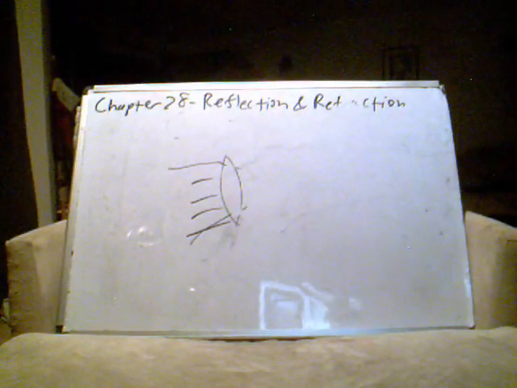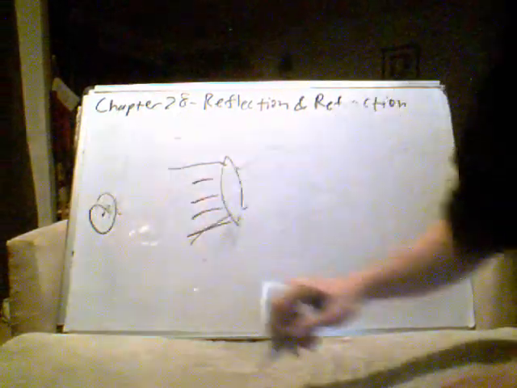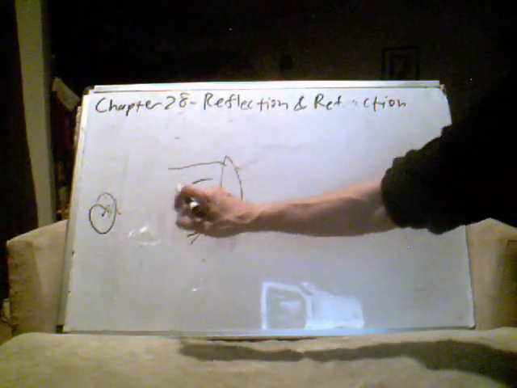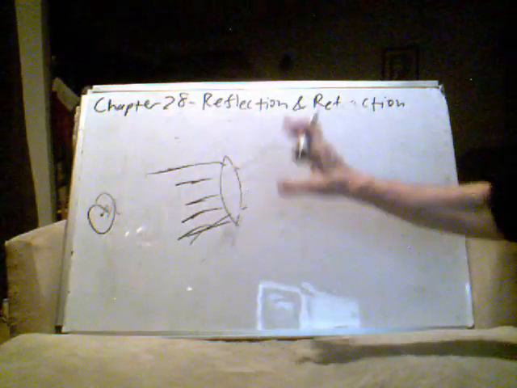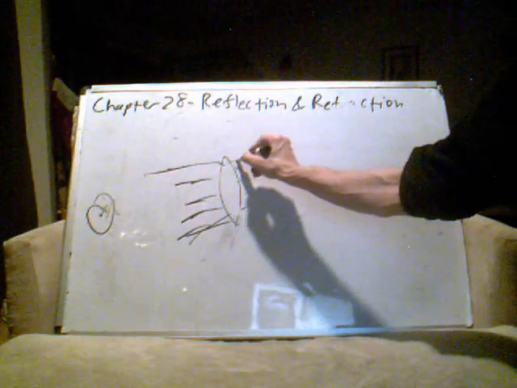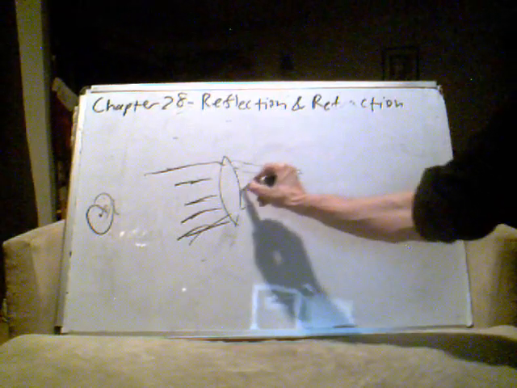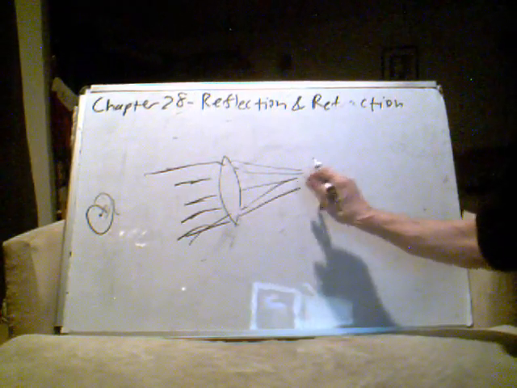So let's say you've got an object that's really, really far away, like one of the Galilean moons, right? It's so far away that basically all the light coming from it is going to be parallel to itself. And so that means all this light is eventually going to want to focus down into one spot.